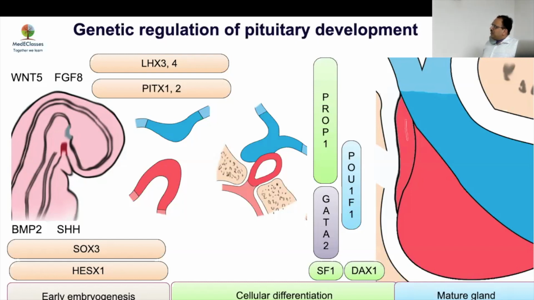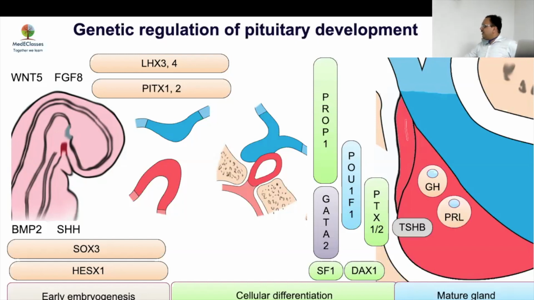If you have too much activity, it will stimulate too much POU1F1 and that will cause more problems. Now, once these genes are activated, they start regulating other genes like PITX1, PITX2, and they regulate growth hormone, prolactin, and TSH beta and produce TSH. So these are the three hormones affected in the POU1F1 mutation.